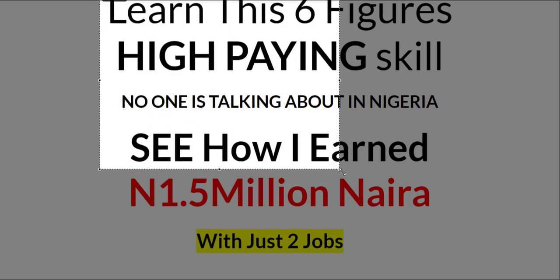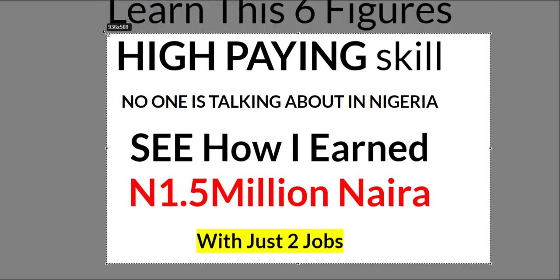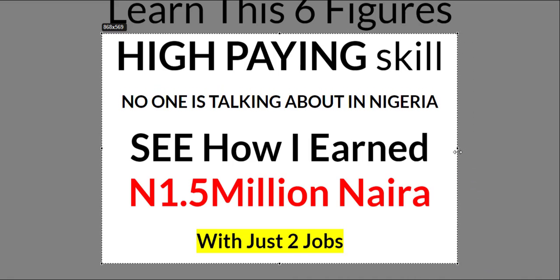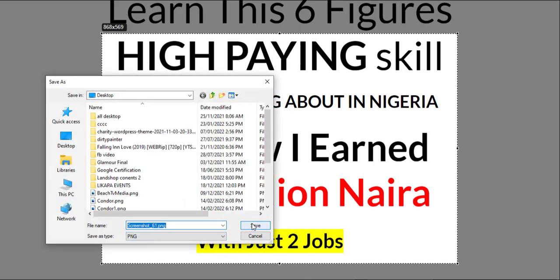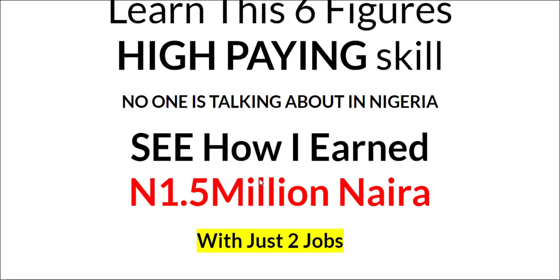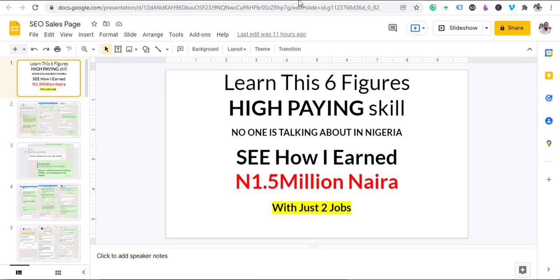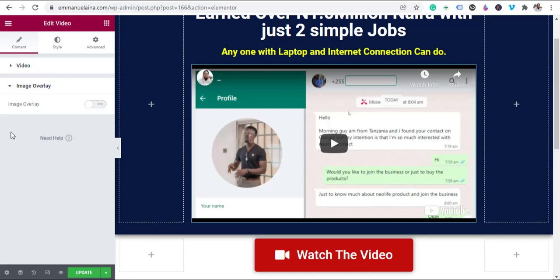Let me see. Okay, let me come from here. High pay skill no one is talking about. Just come here. And I want to save this. Just save it on desktop. Then let's go back to my design. Then now this image overlay, you now see what that means.